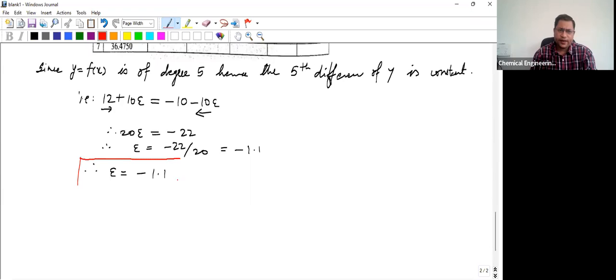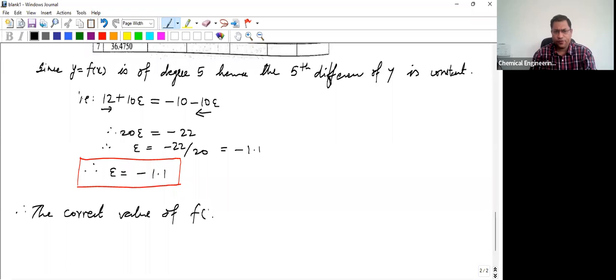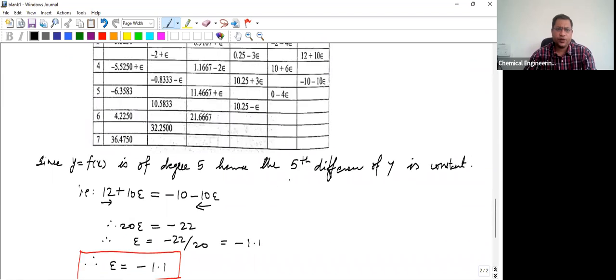So epsilon we get minus 1.1. So what was the error there? There is an error in this term, and hence we want to find out the correct value of f at 4. So the correct value of f of 4: what is the value given?